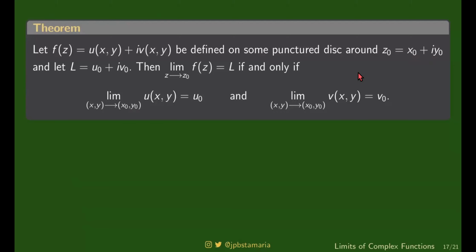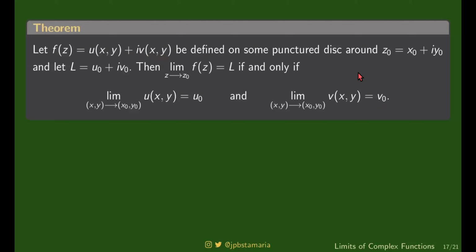Okay? And L is a number of the form u0 plus i v0. Then the limit of f of z is L as z approaches z0 if and only if these two functions, the function u approaches the value of u0 as xy approaches x0 y0, and the function v of xy also approaches the value of v0 as xy approaches x0 y0.